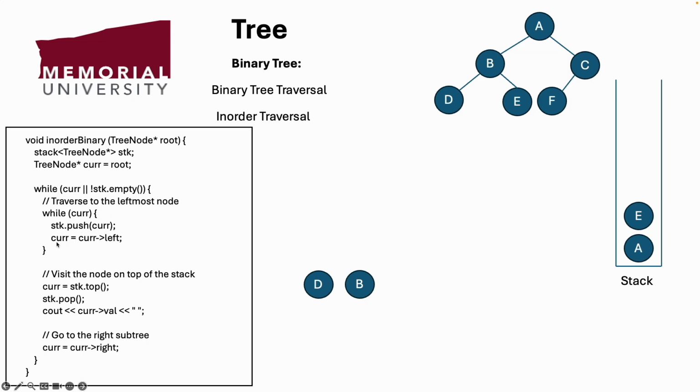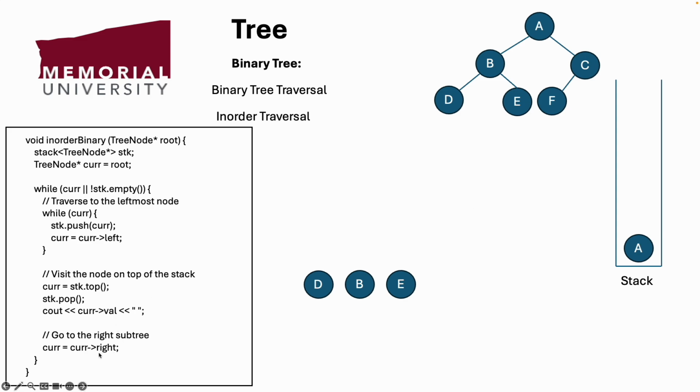Okay, because current is a null pointer, we jump out of this inner while loop and come to this portion of code. It redefines the current. Now it's pointing to the top of the stack, which is E, and E is going to pop up and display here. Current points to E, right? E doesn't have any children.